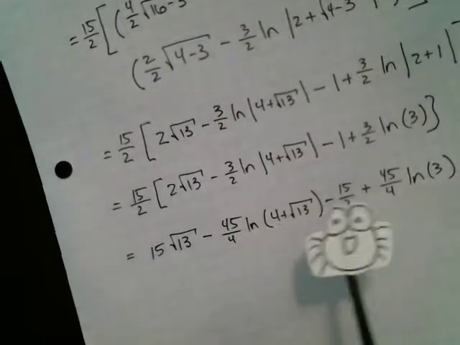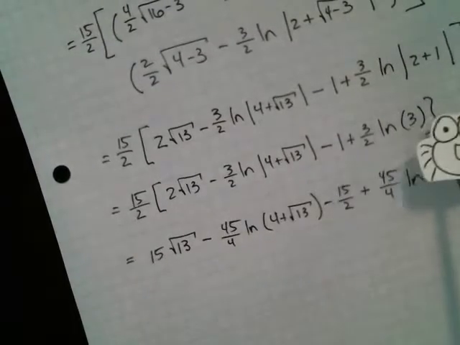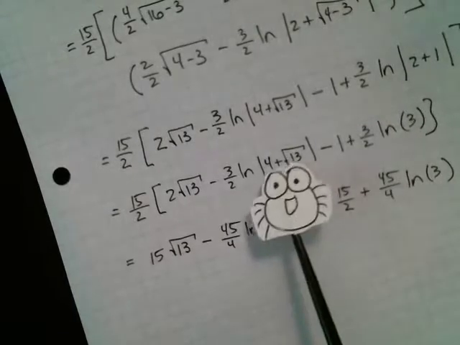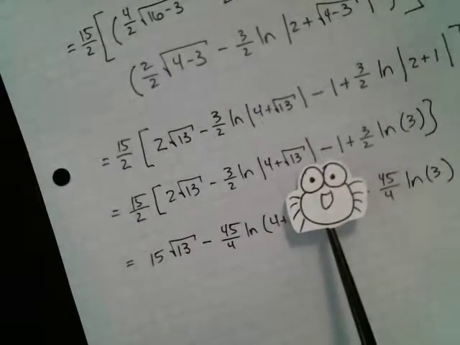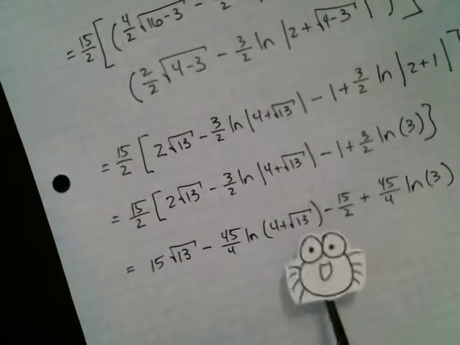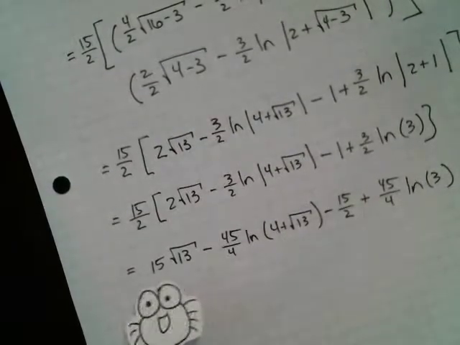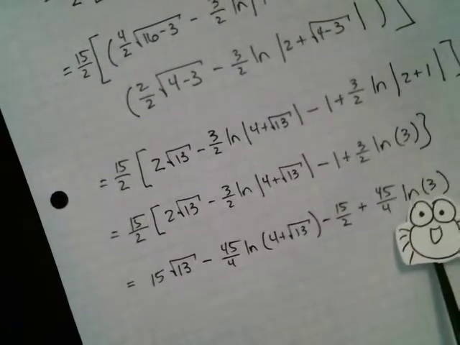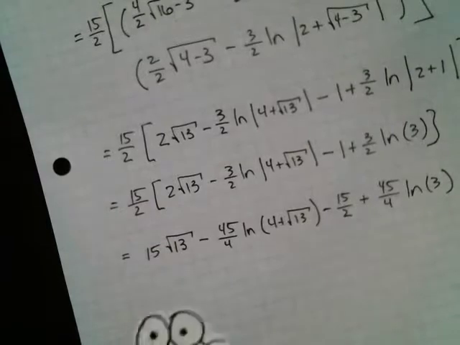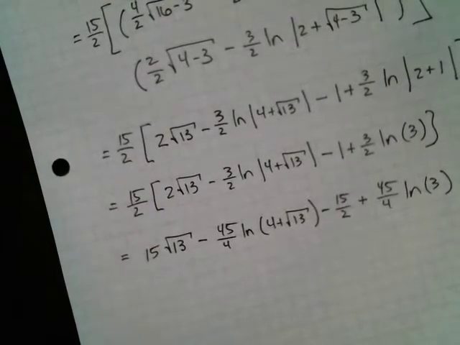And in my final form, I multiplied through by the 15 halves, and then I also reduced or simplified this. We don't need to keep the absolute value in the natural log. Since we know this value is positive, we can just put it in parentheses. And in fact, I think in the book they dropped the parentheses on the 3. But that will be your answer. Woohoo! I hope that sucks a little bit less than it did.